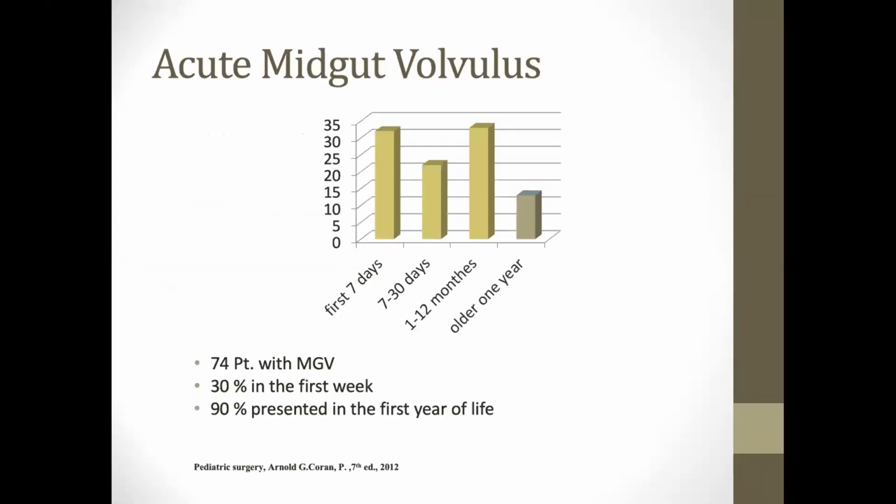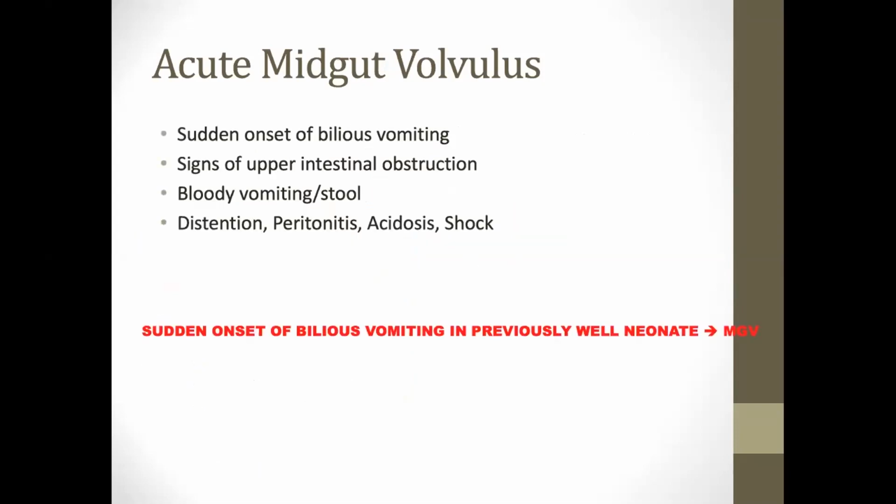This study in 74 patients looked at the age of presentation of midgut volvulus. They found that 90% of patients present in the first year of life, and 30% appear in the first week of life. Midgut volvulus happens with sudden onset of bilious vomiting in a previously normally growing baby with signs of upper intestinal obstruction.